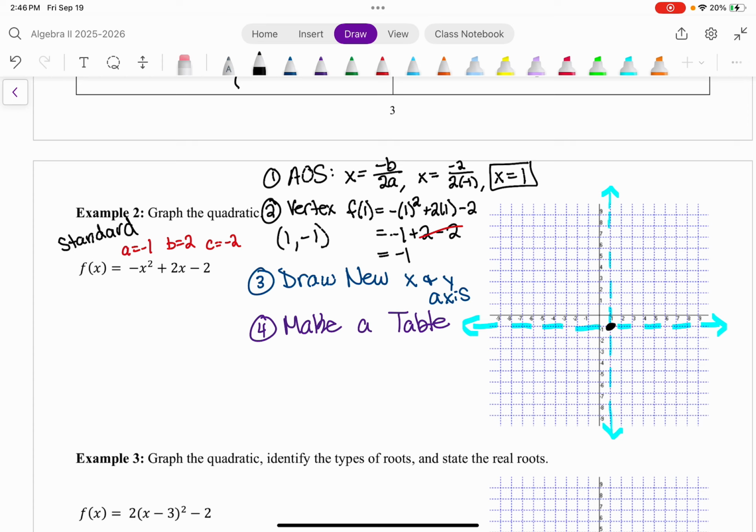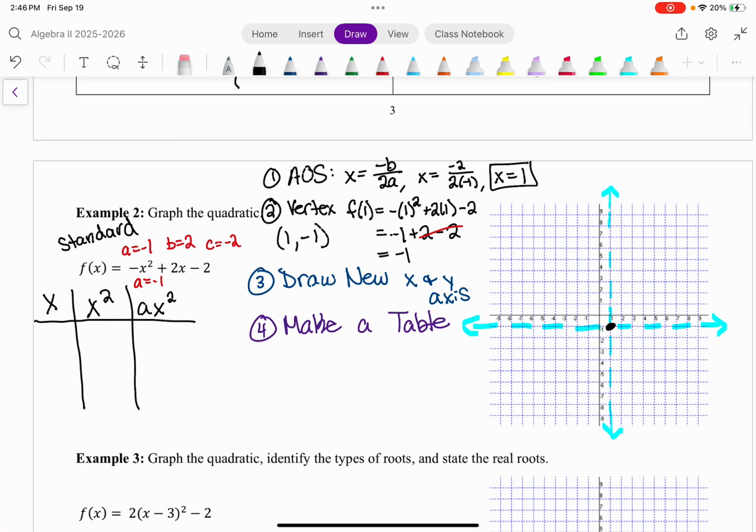So we are going to use this exact same table every single time. We're going to start with an x value, then we're going to square it, and the last thing we need to do is multiply that x squared value by our a value, because that will make our graph either narrower or wider. In this one, we already know a is -1, so we have that information.